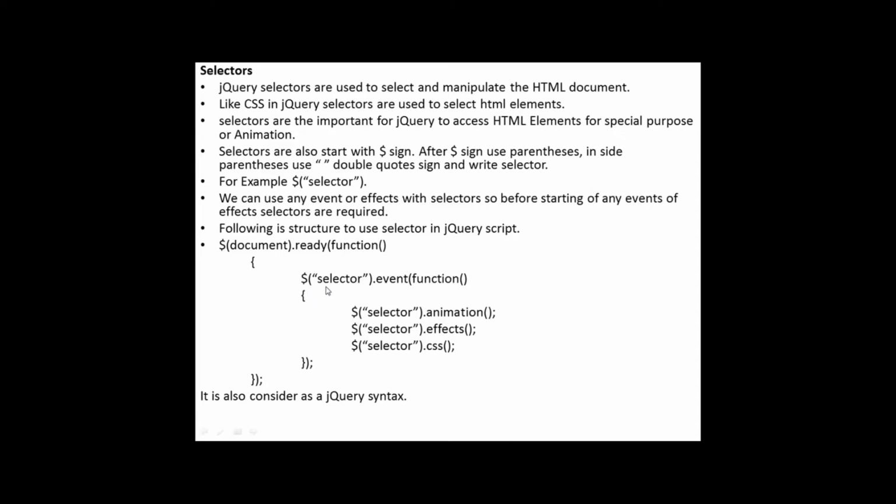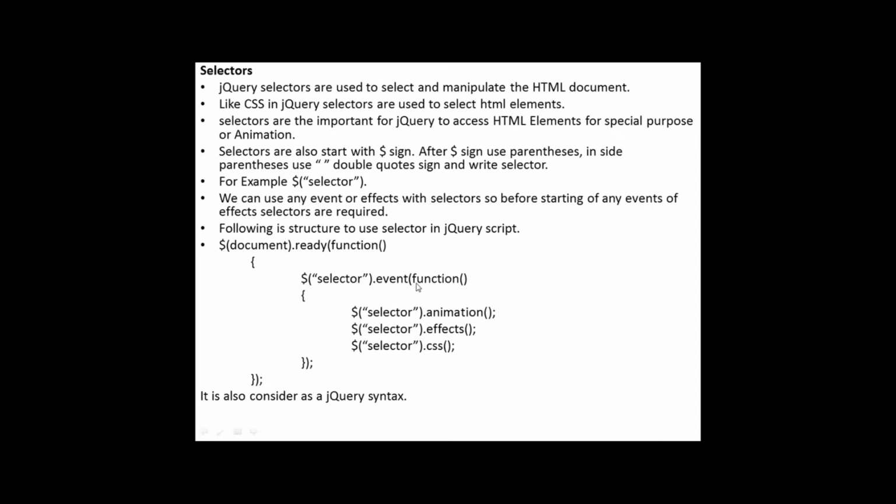Dollar, then inside the parentheses make double quotes and write the selector, then a dot. After the dot you can apply the event name, and after the event make parentheses. We will not close this parenthesis yet, like the ready event. Whenever you use any event, same as the ready event, we do not close the round parenthesis.